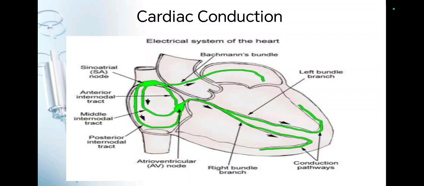We have here the different nodes: the SA node, the atrioventricular node, your right bundle branch, your conductive pathways in the left bundle branch, and your Bachmann bundle. This is where the electrical signals are sent for the heart to pump every single time, to receive the deoxygenated blood from throughout the body and to release oxygenated blood all throughout the body.